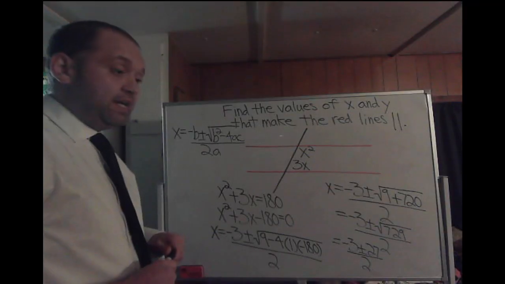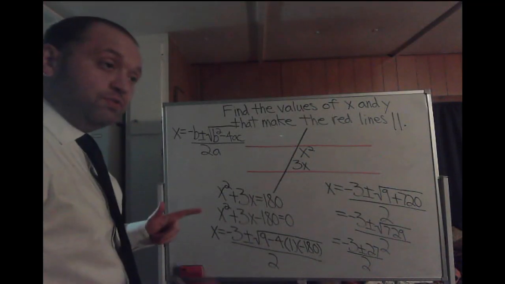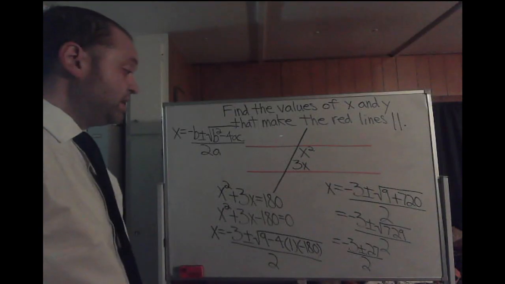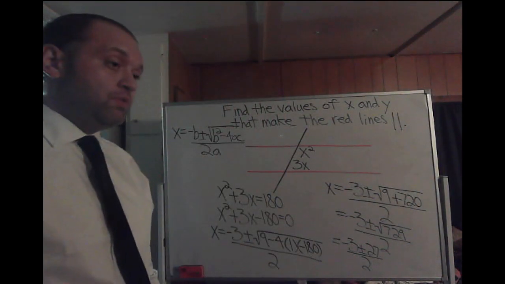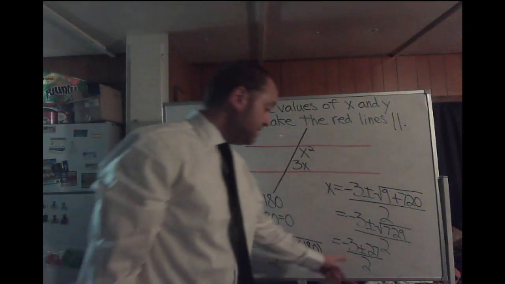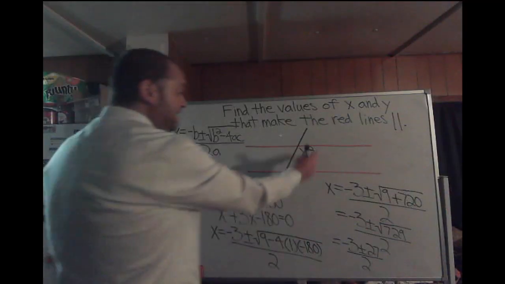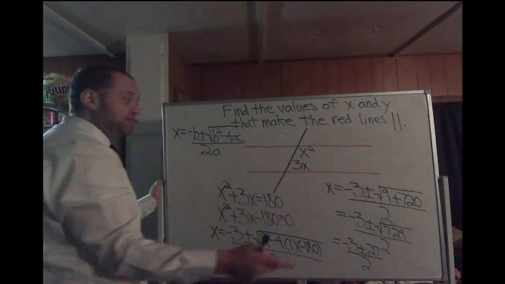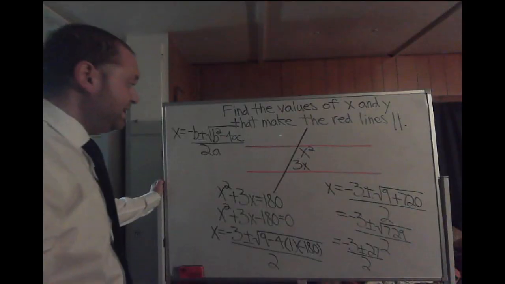Well, here's the thing. In a normal quadratic situation, you're going to have two solutions, right? Negative 3 minus 27 would give you negative 30, then divided by 2 is negative 15. If I put negative 15 in here, I'll get a positive angle of 225, which already blows the 180.